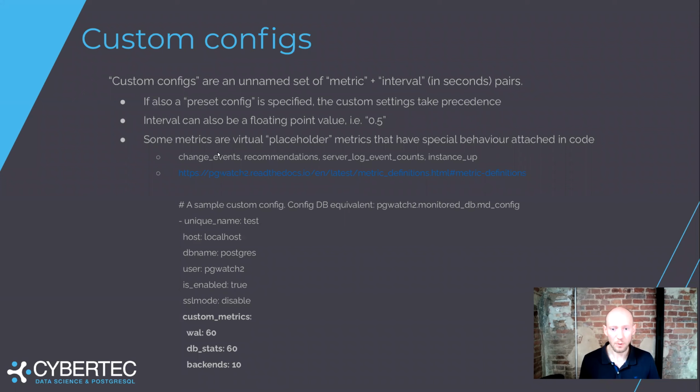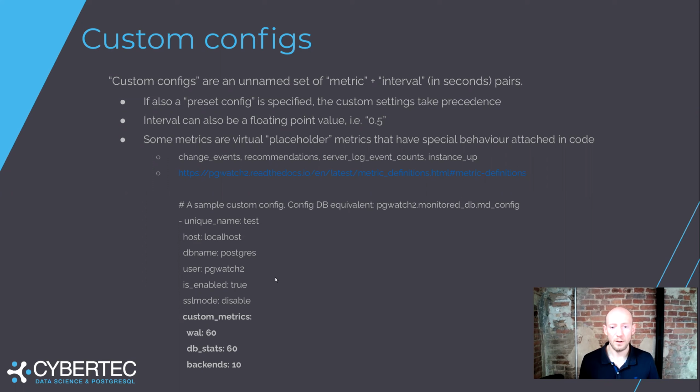But what if those presets are not really good for you at all? Then you can just pick and choose any metrics that we have defined or you have additionally defined yourself, and set some interval for them.